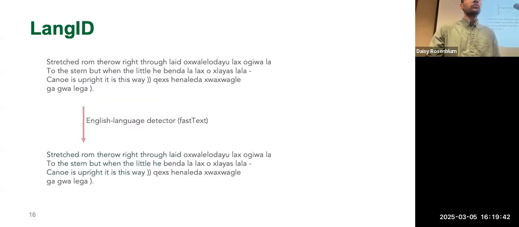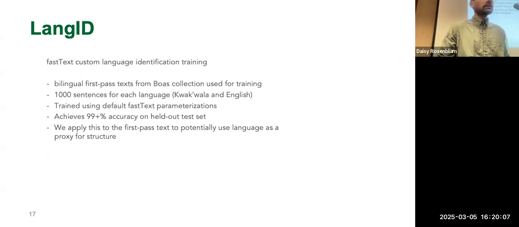To address the structural challenges that we ran into for different kinds of layouts across the different collections, we decided to incorporate language identification as a proxy for the structure of the page, because structure is hard to define. It could be columns, it could be lines, it could be blocks, paragraphs, anything. So we trained a fastText custom model on first pass English and Kwakwala text.